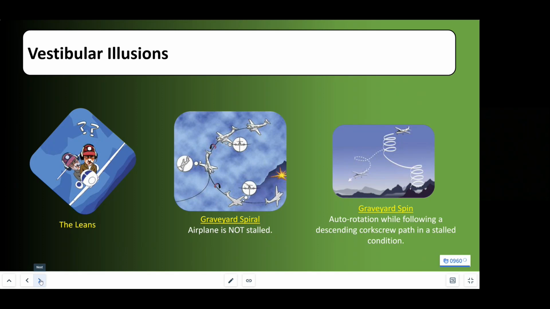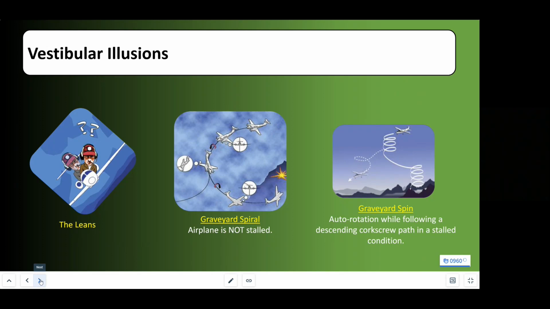Some vestibular illusions. So vestibular should ring a bell with your ear canal system. What a wonderful attitude system. You have a 3-axis attitude erecting system in your head, the vestibular system. Little tiny hairs sticking up in your ear canal, the fluid in the ear canal, making them move a certain direction, indicating movement on your X, Y, or Z axis there.